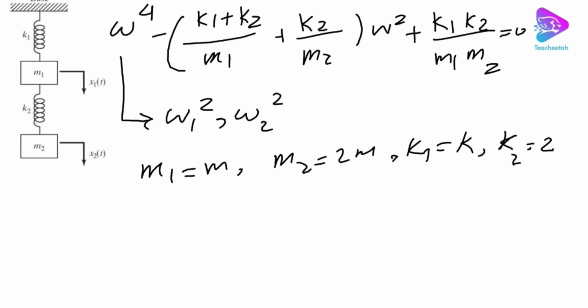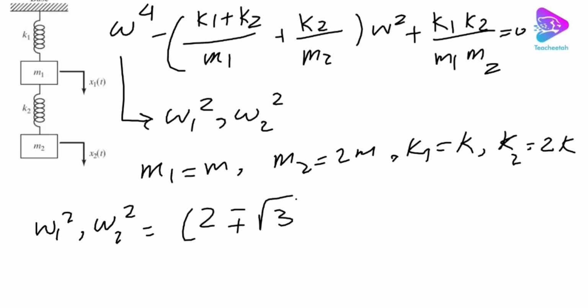This also simplifies our frequencies, and we found omega 1 squared and omega 2 squared equal to (2 minus/plus square root of 3) K over M. The minus indicates omega 1 squared and the plus omega 2 squared.